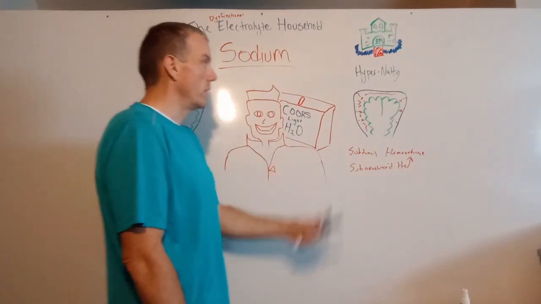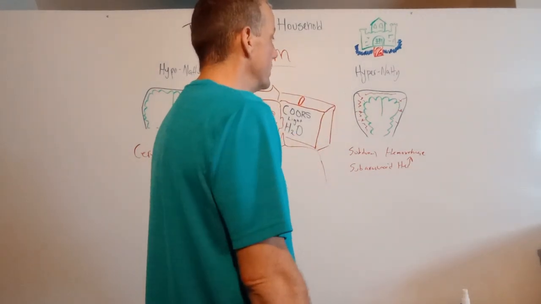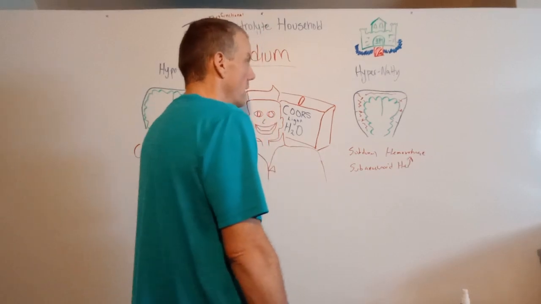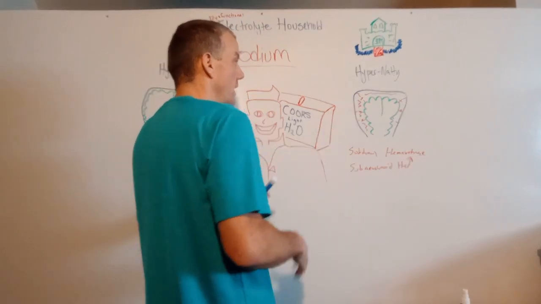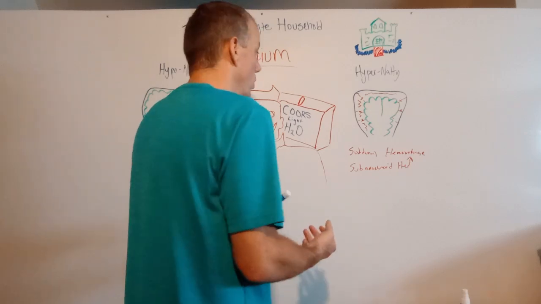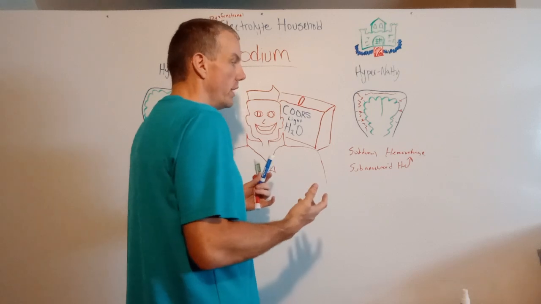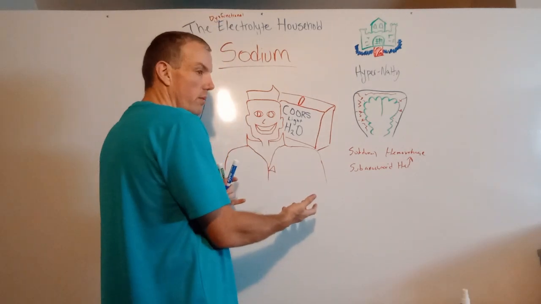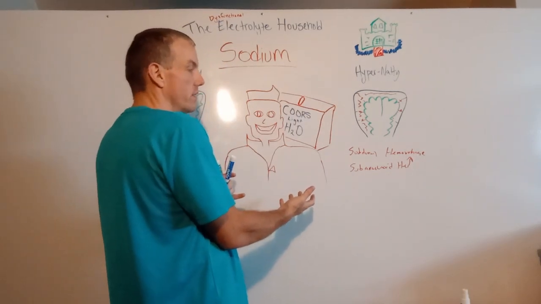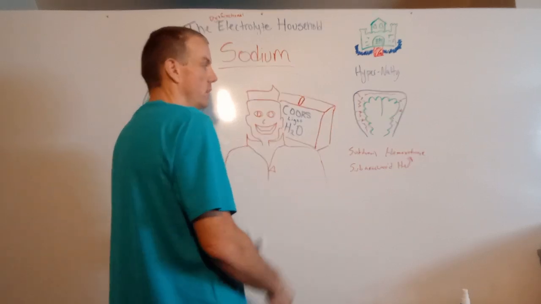And then over here, the problem is usually that there's too much sodium outside. And so there's too much sodium outside and there's not enough booze to keep sodium happy. So you start giving low saline because you don't want to add people to the party, right? So you don't want to add more saline to the mix, but you do need to add more booze so that the booze to saline ratio is correct.